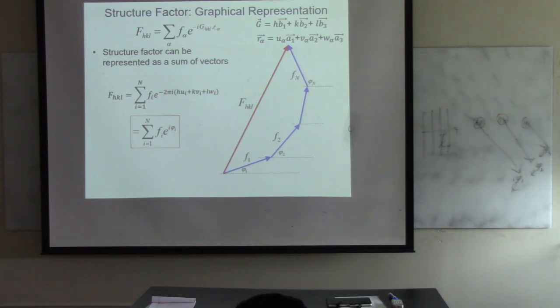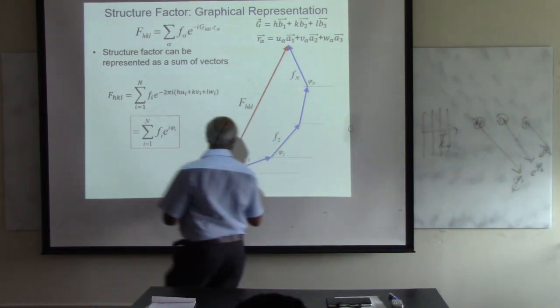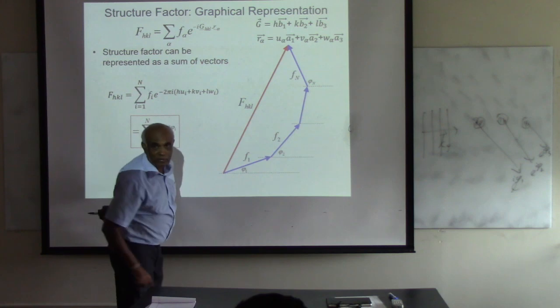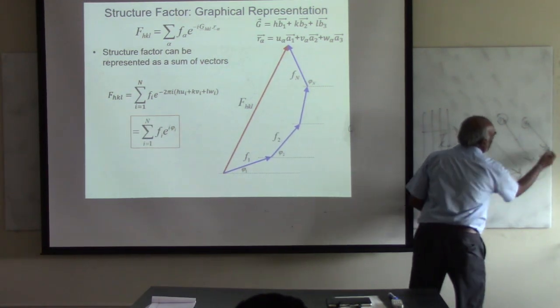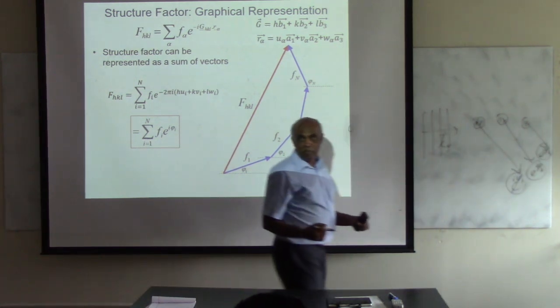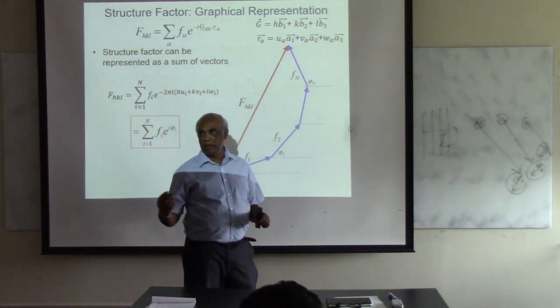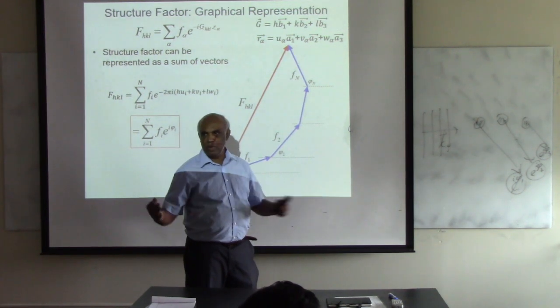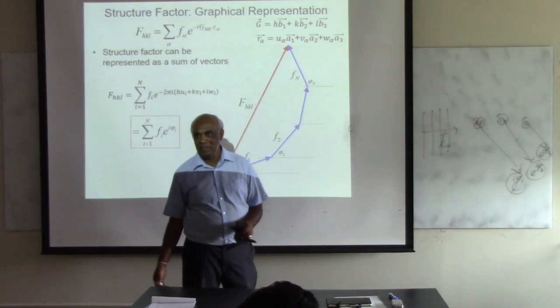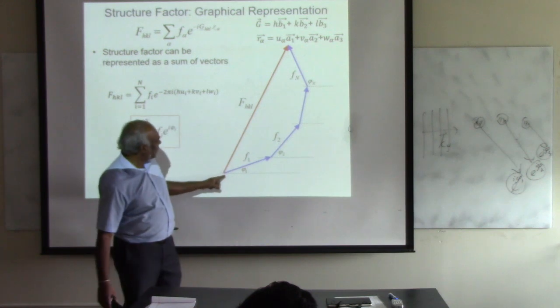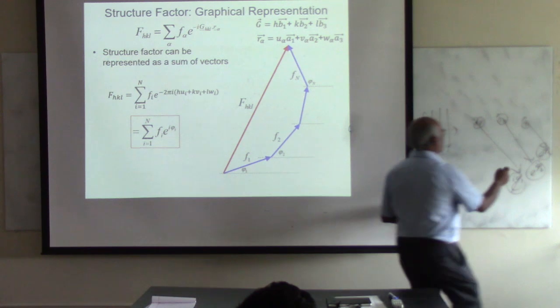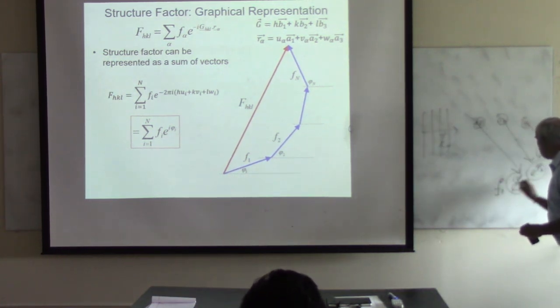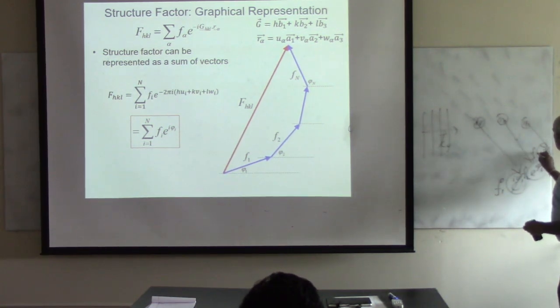So that means ideally you can represent that structure factor as something adding as vectors, right? Because those are complex numbers. How do you add complex numbers? Either you can add them as phasors or you can use simple complex number addition, right? So I can write f1 times this one, f2 times this one, f3 times this one.